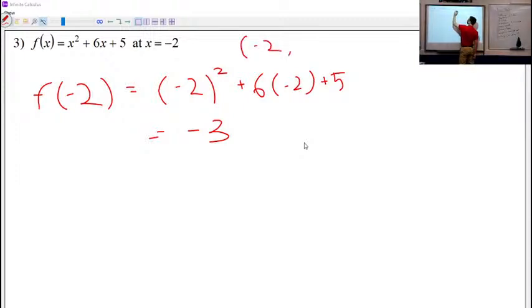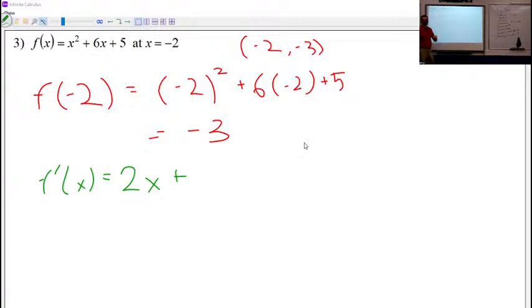So negative 2, negative 3 is our point. f prime of x is derivative of x squared, 2x, plus derivative of 6x is 6.